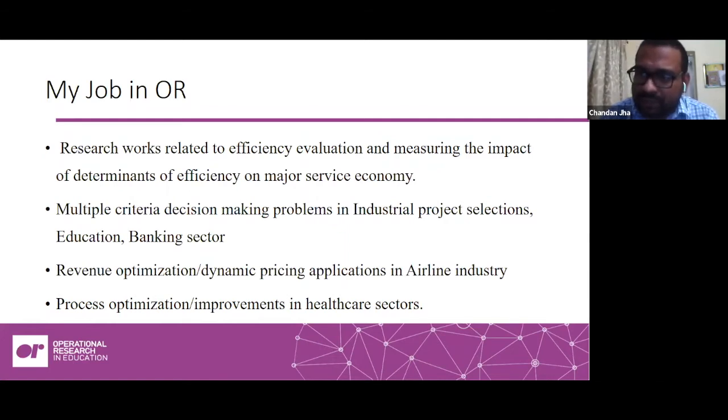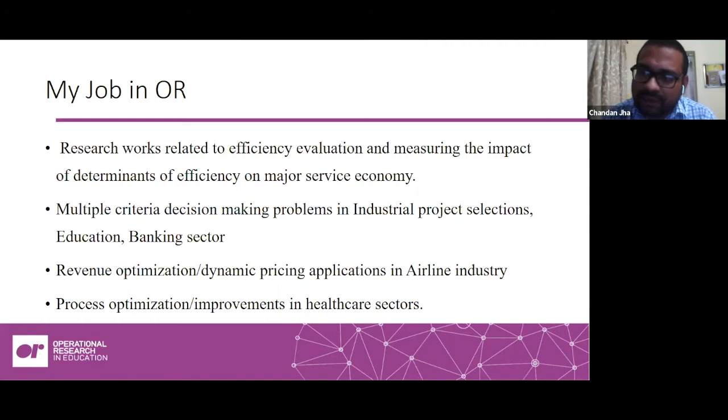But apart from financial criteria, there are also non-financial criteria, for example, the experience of a particular organization in operating special projects. Whether prior experience is available or not may impact the entire project operations. So a lot of intangible factors are very crucial while selecting industrial projects.